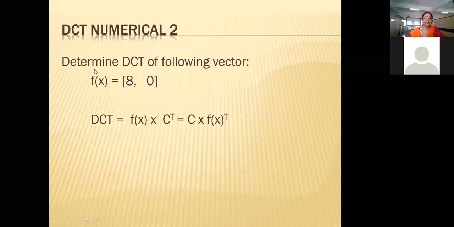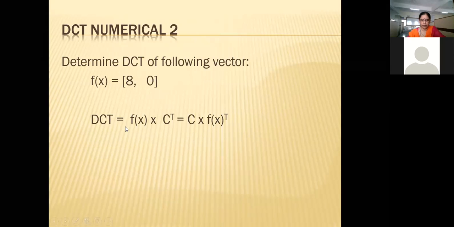Now on similar lines, I am giving you one more example and you have to solve it. So the second numerical on DCT: if your input signal f(x) is equal to 8, 0. Now perform this computation. Again, you have to use the DCT matrix of size 2 by 2. Simply multiply it with the transpose of the DCT coefficient matrix.